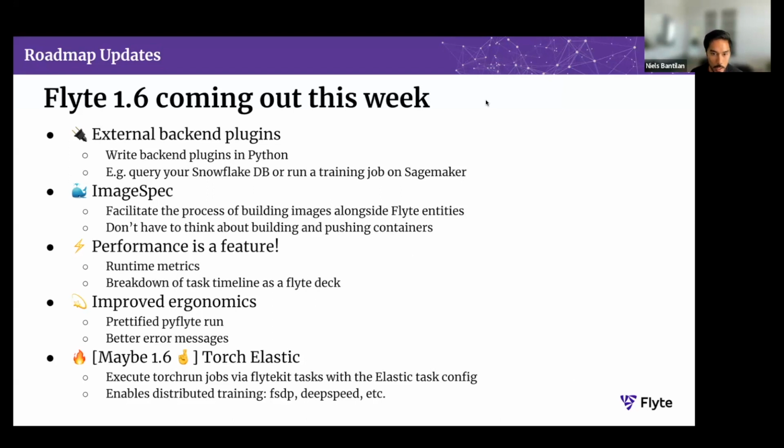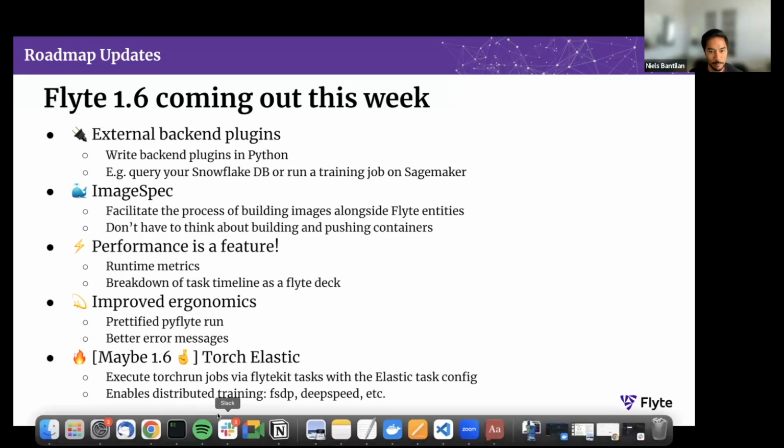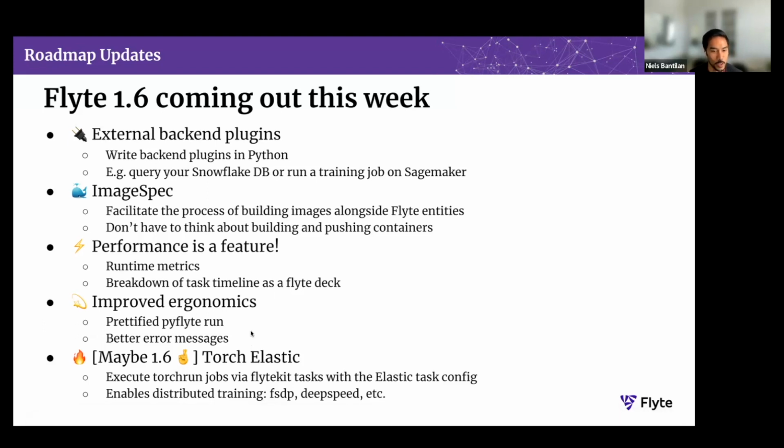Improved ergonomics. This is something Ketan and I worked on, and we're going to continue working on. So if you run PyFlyte run on Flyte 1.6, you'll notice that things are a lot prettier. There are colors and a lot more structure on the CLI now. And we're working on better error messages.